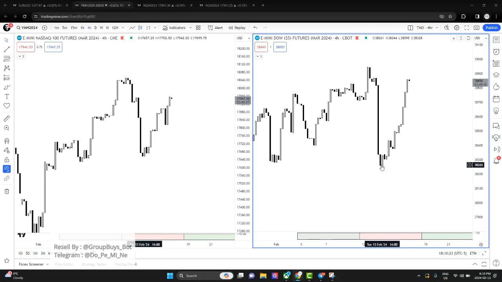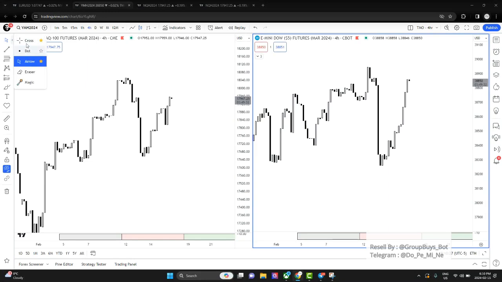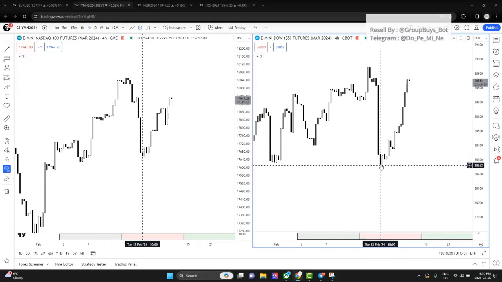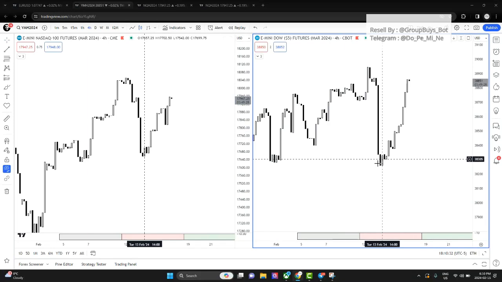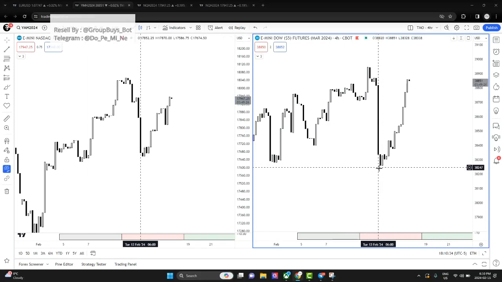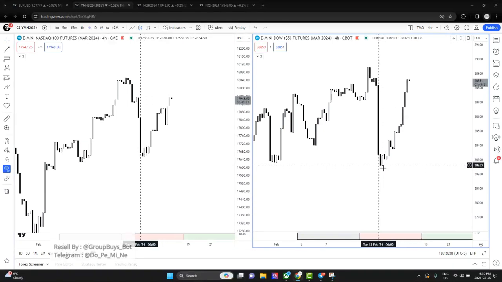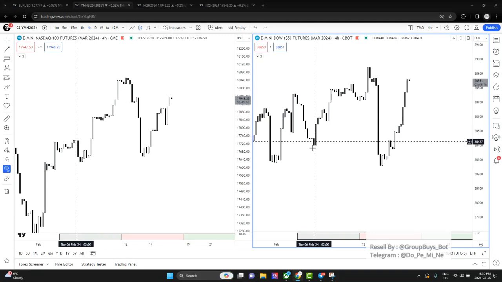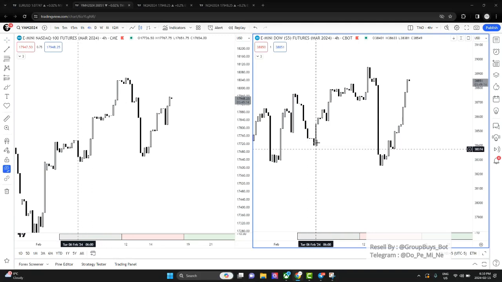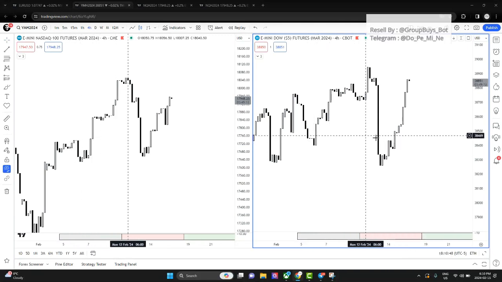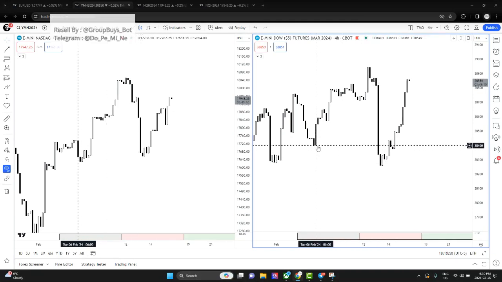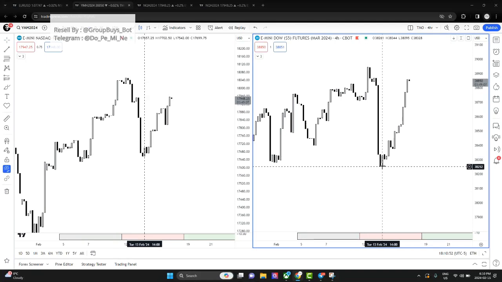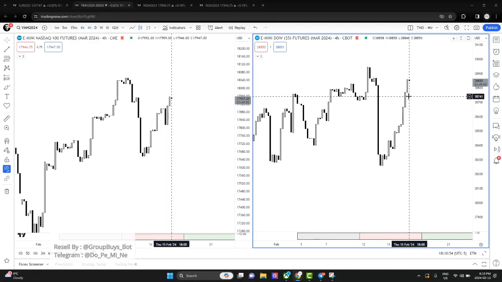Pump more or drop more. I'll turn the crosshairs on so you guys can see. So this is the lowest close in Q2 in regards to the monthly cycle, which is comprised of 4 weeks. And this is the lowest close in Q1. So we had price trade below this close, and then we had price rally.